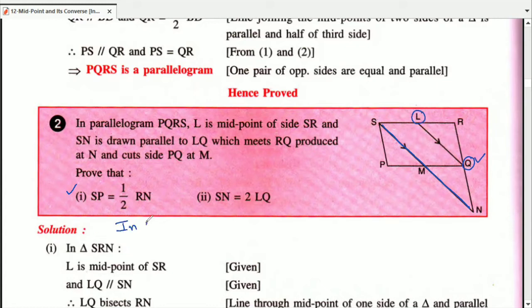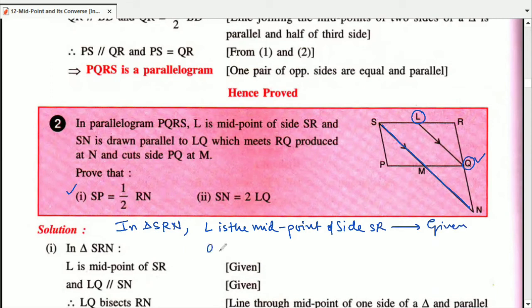So in triangle SRN, L is the midpoint of side SR. So you write the explanation: given. Q is the midpoint of side RN, which you have proven above.